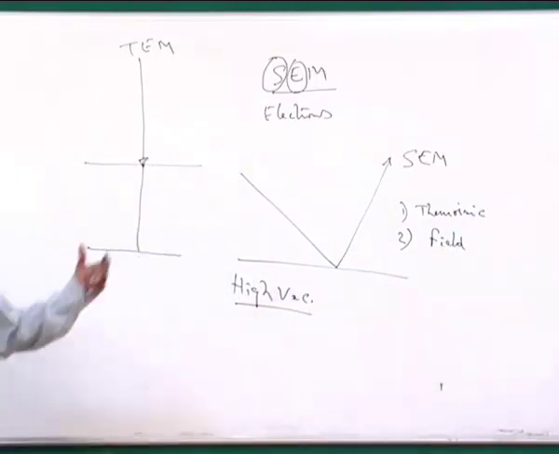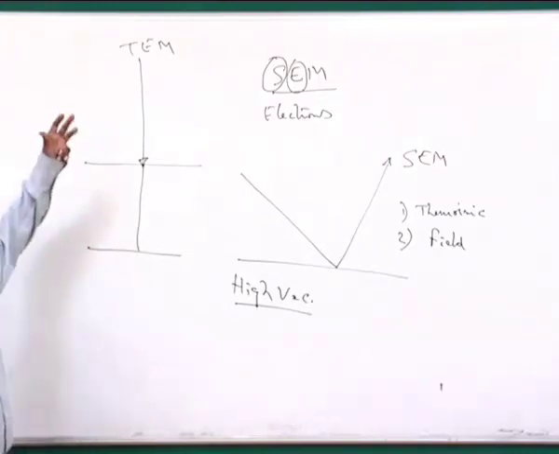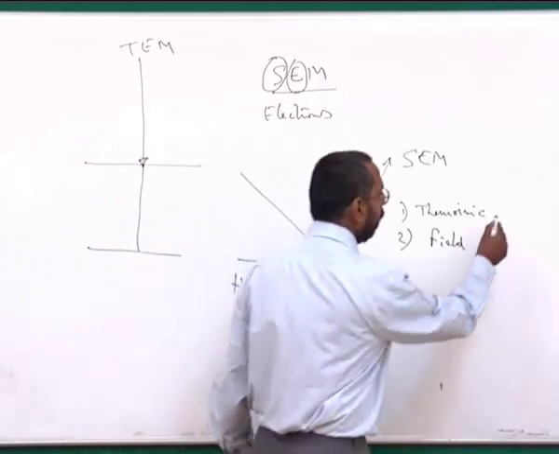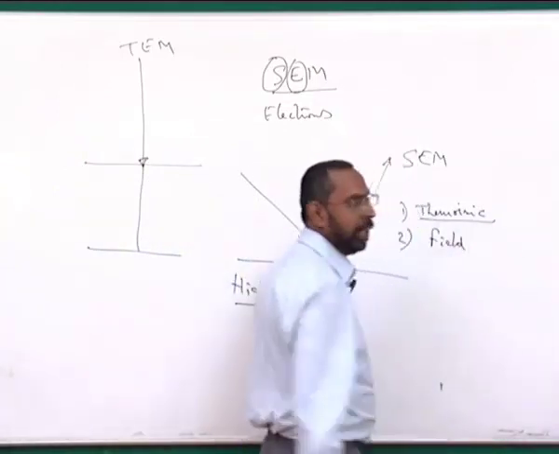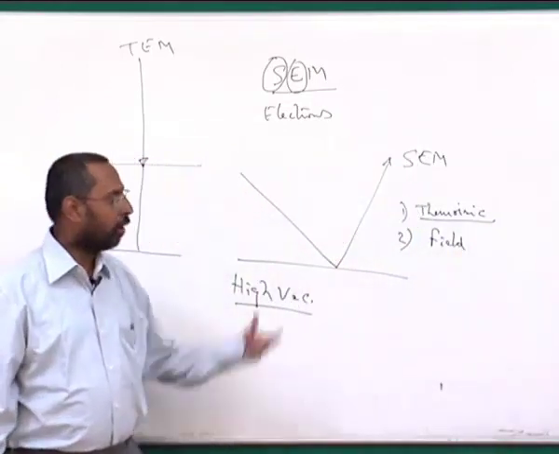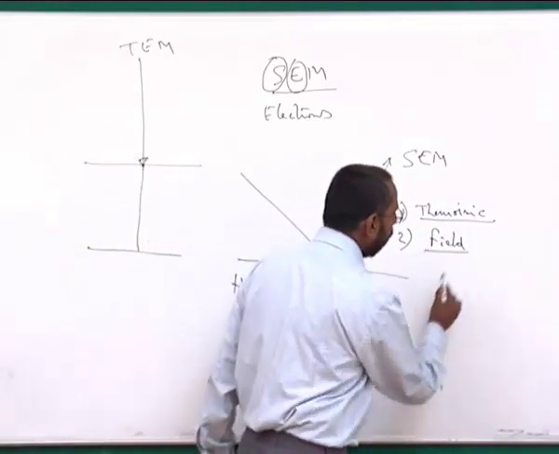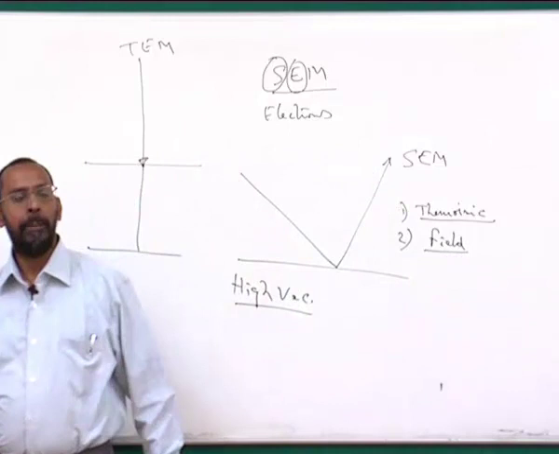So you can have one of these two guns in your SEM, similar to what you have in a TEM, whether it is a tungsten filament which thermionically emits electrons by heating the filament, or you apply a field which will emit electrons.